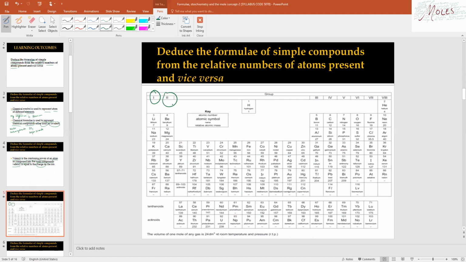On the other hand, for non-metals, it is always equal to the number of electrons they are going to gain or share during bonding. These are the non-metals. We call this the staircase line.